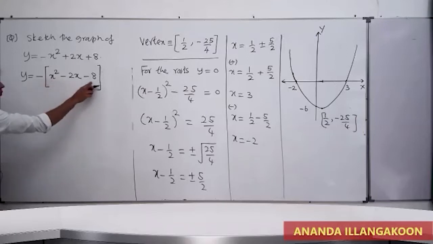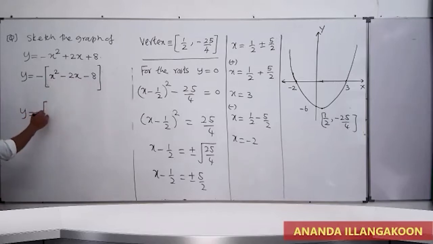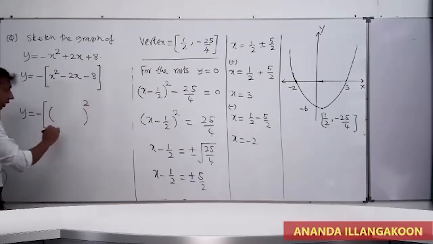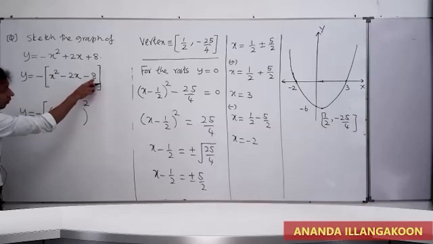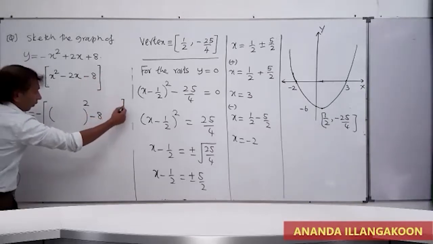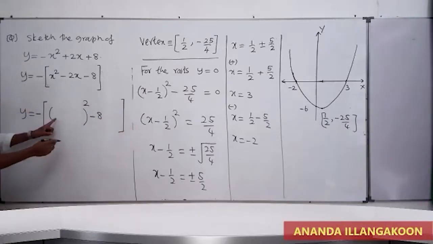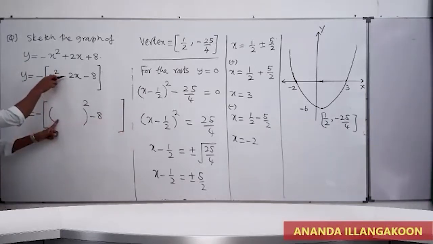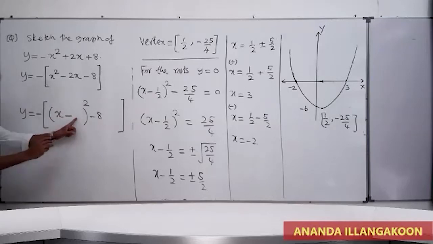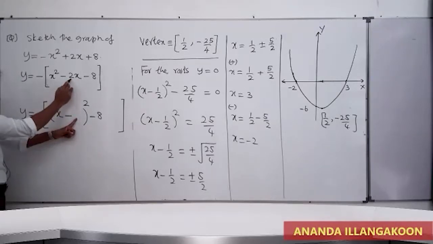Now apply the steps of completing the square for this. What do we do there? y equals minus, open the bracket. Put the perfect square, and the third term we always write soon after the bracket. Within the bracket, from this x squared we write only x, and minus sign. Then the x coefficient is this 2, no?